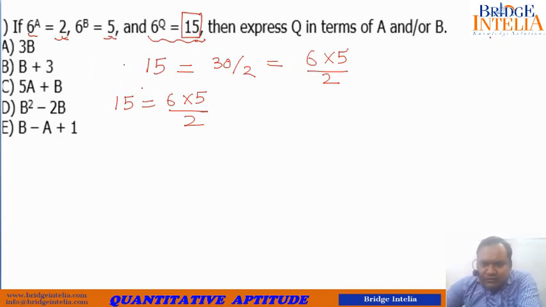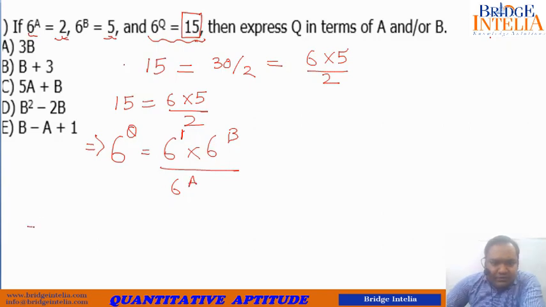So now 15, which is given to us as equal to 6 to the power q. This would mean that 6 to the power q is equal to 6 to the power 1 into, now 5 can be written as 6 to the power b, divided by, now 2 can be written as 6 to the power a. So from here what can you conclude?